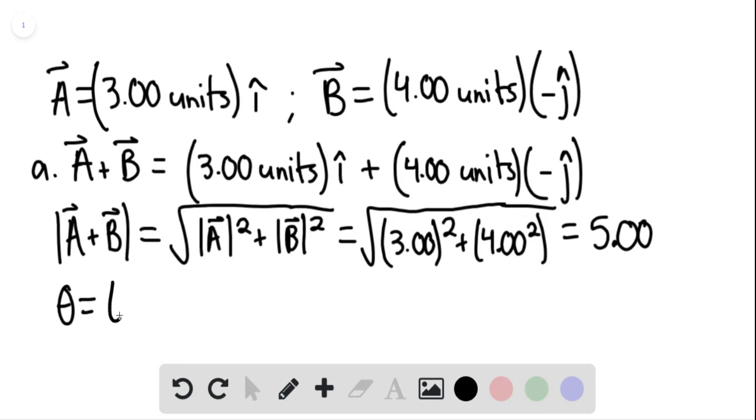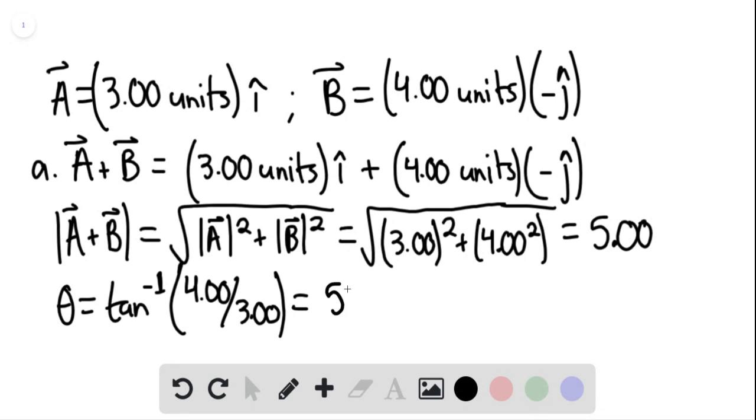Our theta angle would be arctan of the y component over the x component. In this case, it would be 4.00 divided by 3.00, and this is giving us 53 degrees.